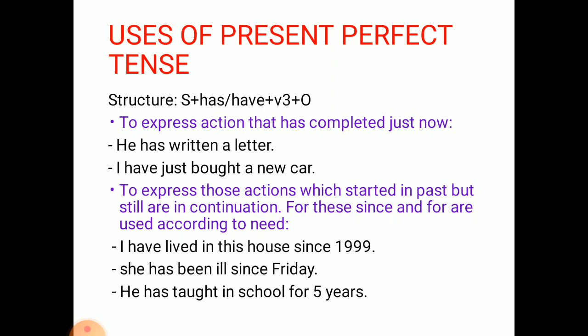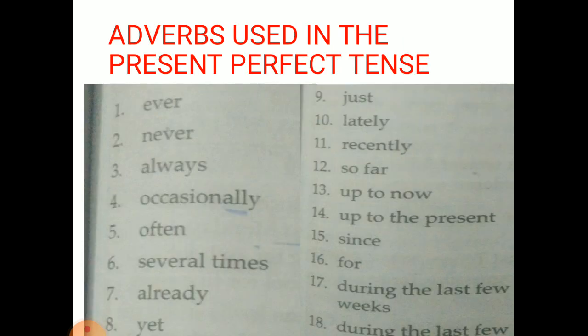And sometimes present perfect tense is also used for an action that started in the past but its effect is visible in the present. For the same, present perfect tense is used. And there are some adverbs which are used in present perfect tense.